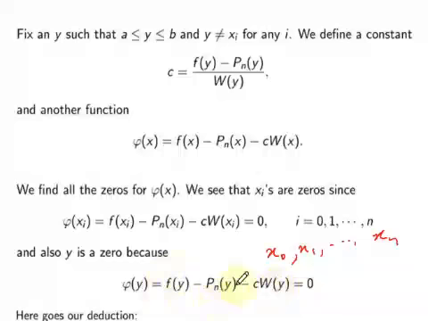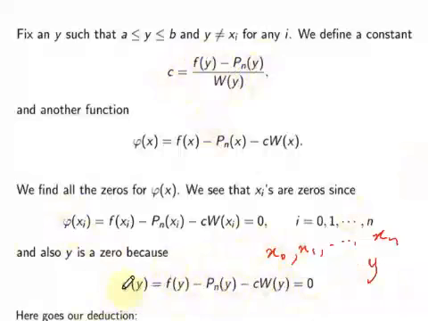You can cross that off because c times w of y is equal to the same thing here. Therefore y is also a root of the phi function. So how many roots does this function have?